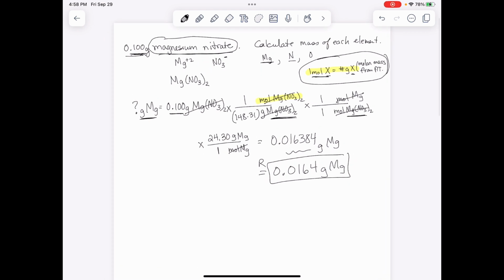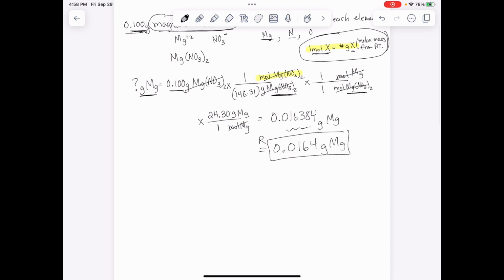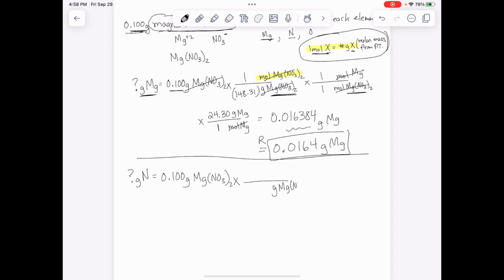I also need to calculate grams of nitrogen and grams of oxygen. Let's do nitrogen. How many grams of nitrogen are equal to 0.100 grams of magnesium nitrate times, and my ratio, I'm going to start exactly the same way I did above. I need to cancel grams of magnesium nitrate, so that's got to be in the bottom.